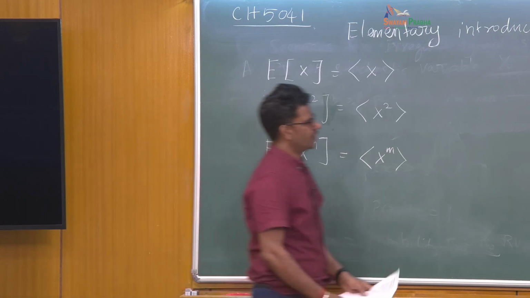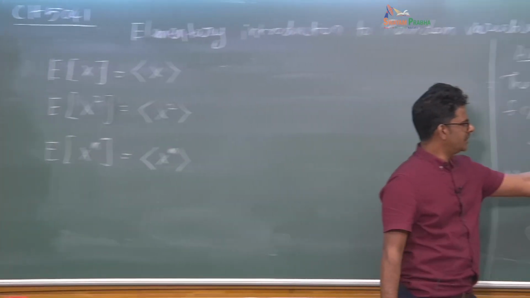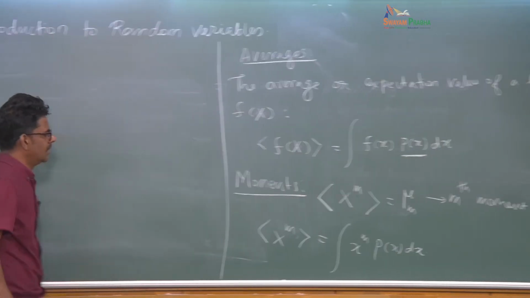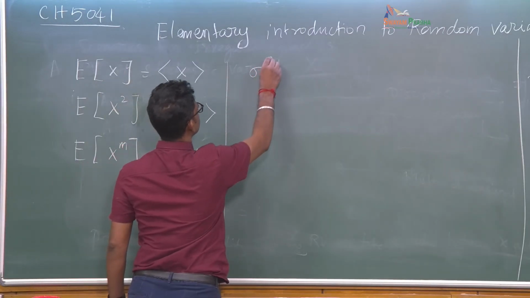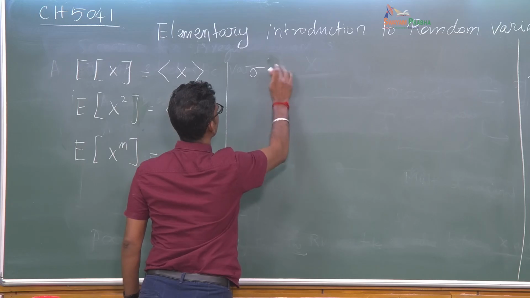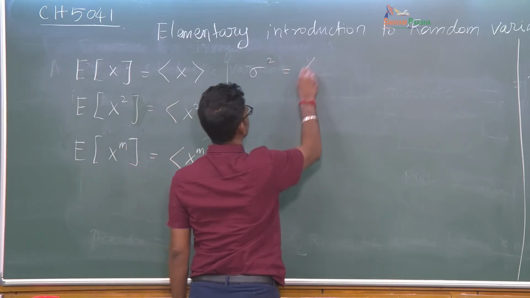So for a given random variable, once we know the distribution function, we can get the mean value, and we can also find the variance sigma square.